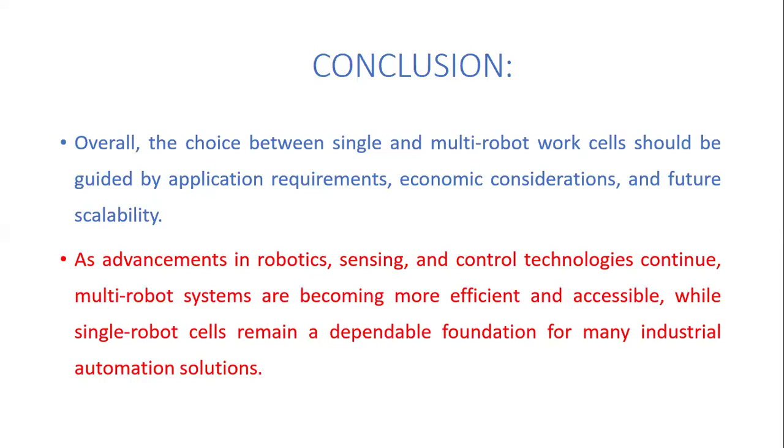So depending on these factors, we have to decide what type of work cell layout is to be used, primarily for automation related tasks with the help of the robot arm assembly. Even though there are many advancements in robotics with respect to sensing and other control techniques, still a multi-robot system is considered to be a more dynamic, highly challenging problem as compared to the single robot work cell in many industrial automation solutions.